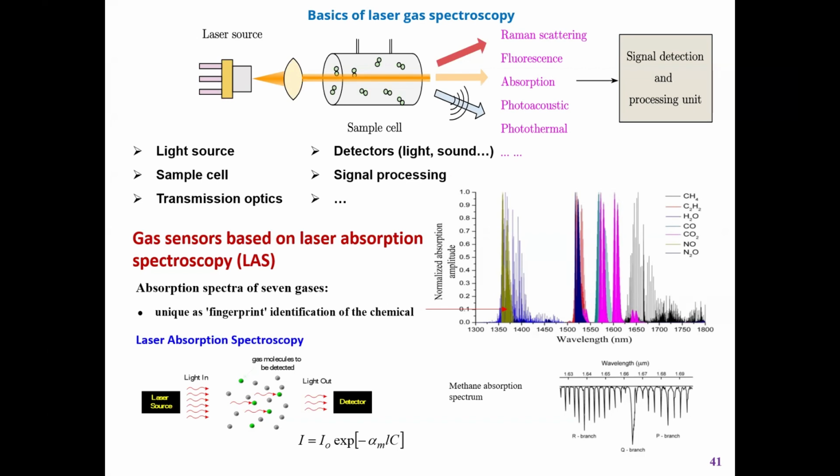I mentioned also before, for each gas, they have a unique signature. So they can identify the different gas. Also, they have a formula to determine the concentration. Here you can see CH4, C2H2, H2O, CO, CO2, they can identify.